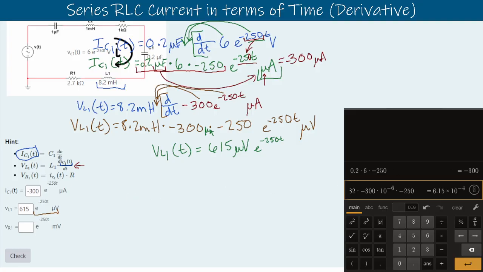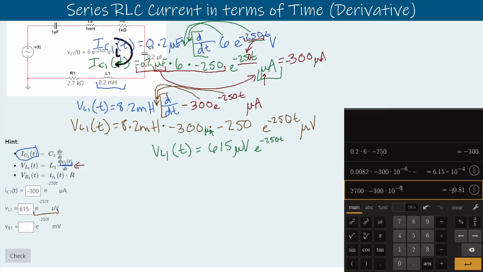Okay, and so now we're on to the last stage, which is just our resistor. We know that our current value is the same for all of them, so negative 300 microamps is our current value. We'll multiply that by our resistance, and then we'll get a millivolt value out for it. That shouldn't be too bad. So we'll take our resistance. It's a linear resistance, so 2700 multiplied by our negative 300 times 10 to the negative 6.